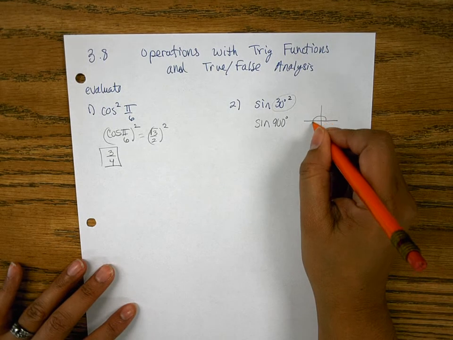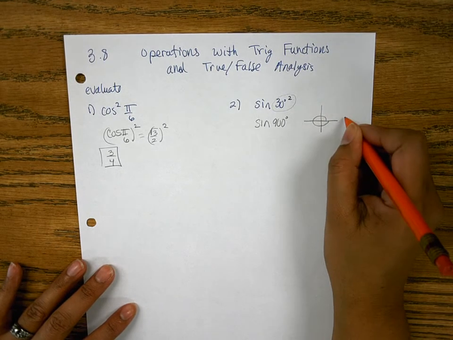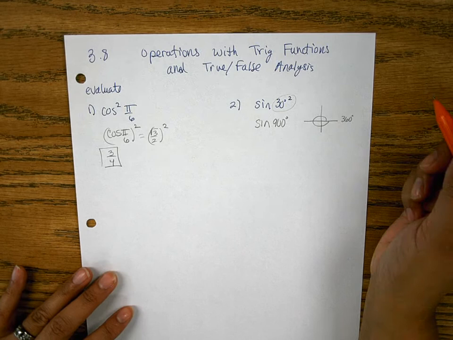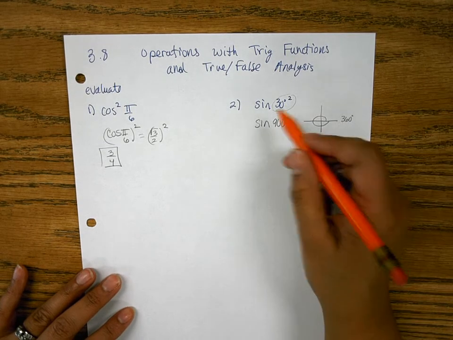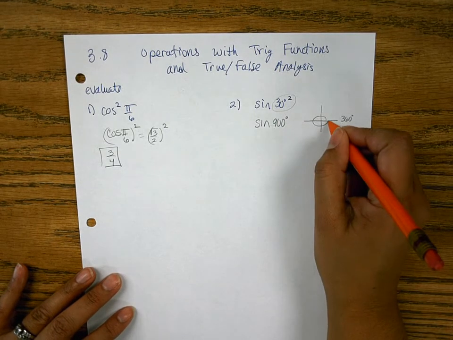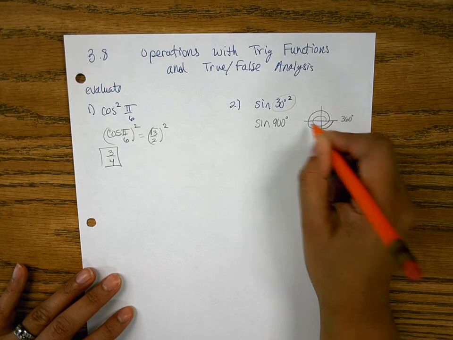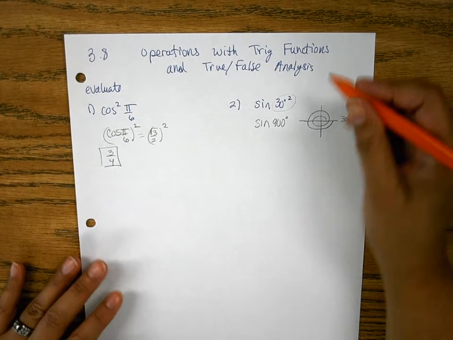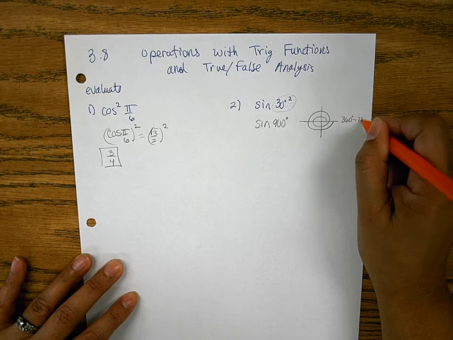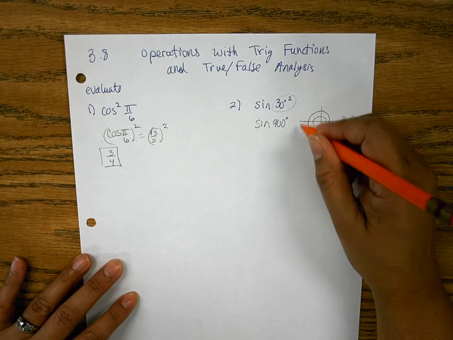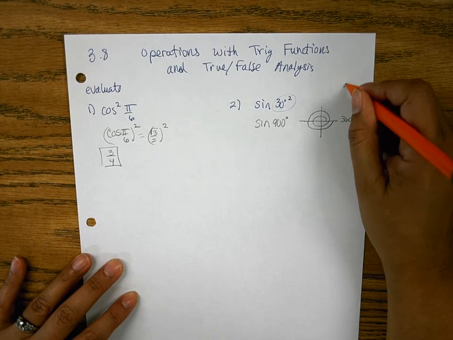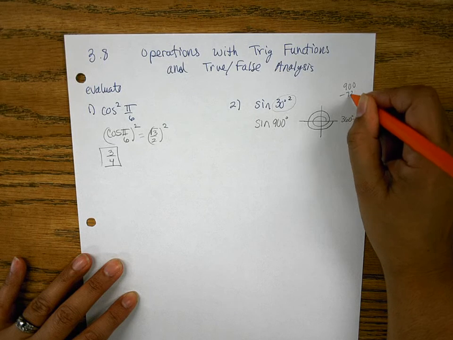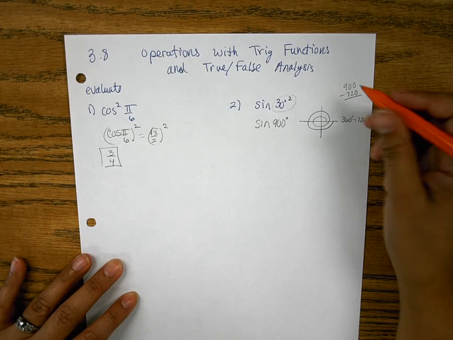Okay, sine of 900. I'm just going to figure out where 900 is. I know one time around is 360. 360 plus 360 is 720, and 900 is bigger than that, so I'm going to go around again. And then how much further do we go? Subtract. Right now I'm at 720 because 360 and 360 again is 720.